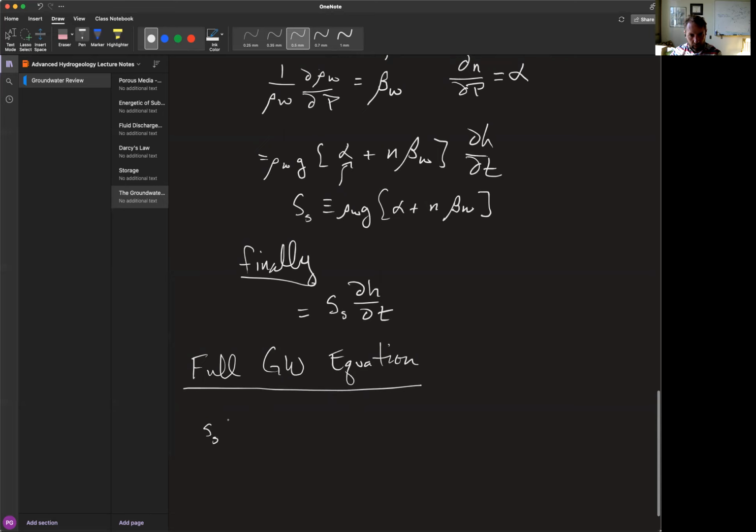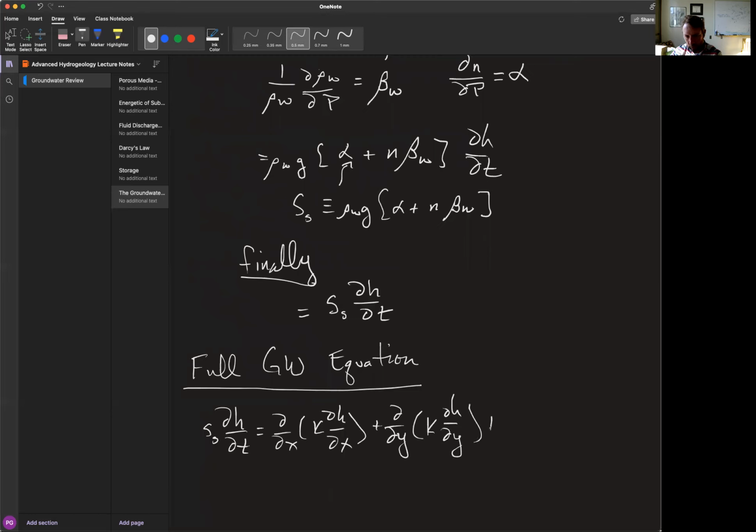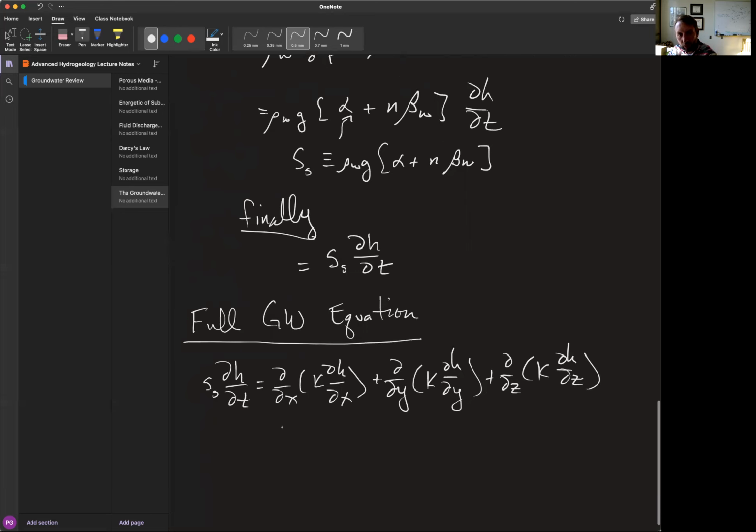Ss dH dt, my left-hand side, is equal to d dx of k dH dx, plus d dy of k dH dy, plus d dz of k dH dz. And this is the groundwater flow equation.